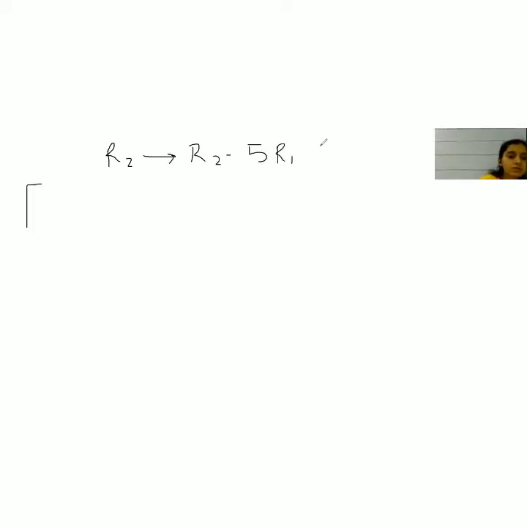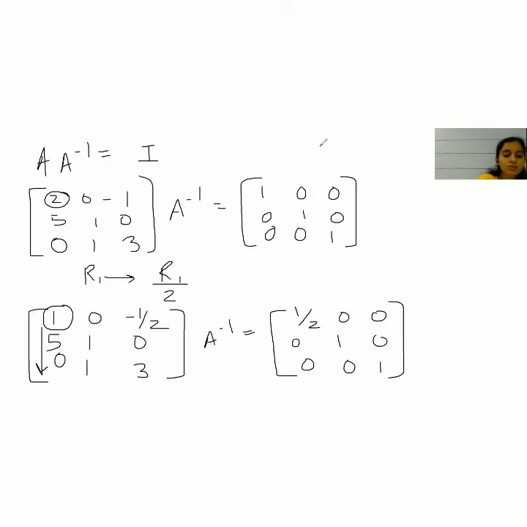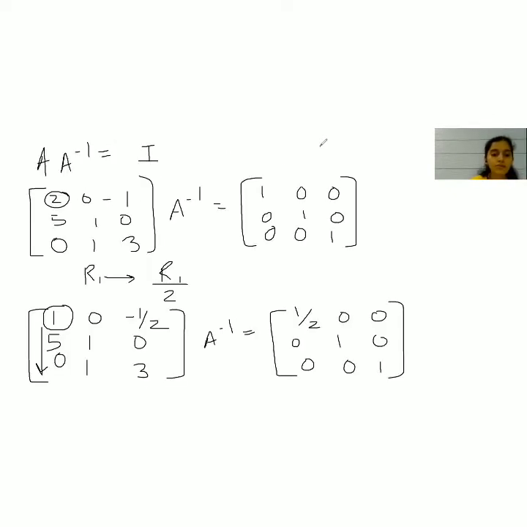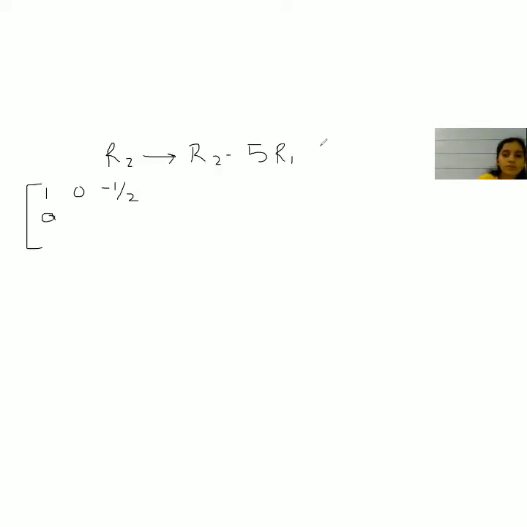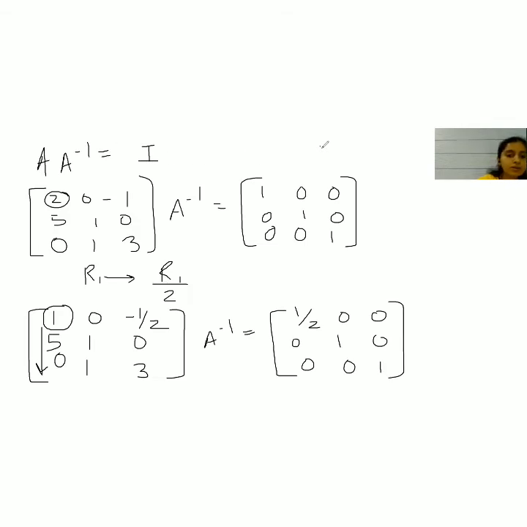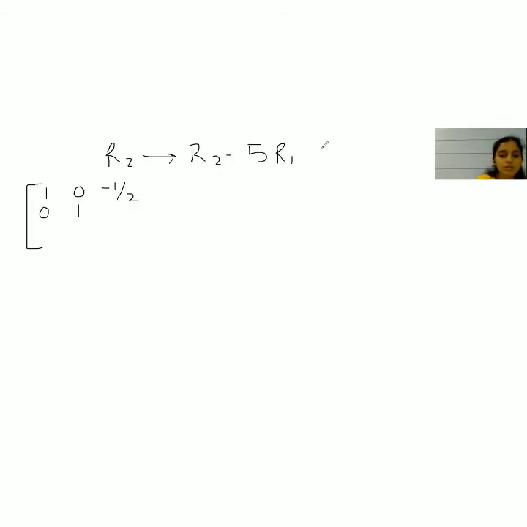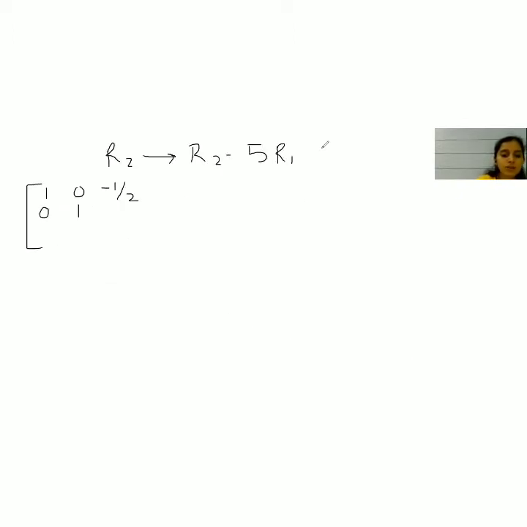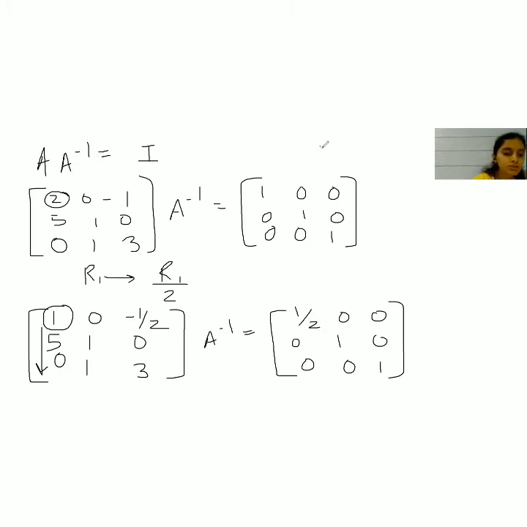So let us do this. The second row is changing, so the first row remains as it is, 1, 0, and minus half. In the second row, 5 minus 5 is 0, 1 minus 0 is 1, and the last one, 0 minus 5 into R1, so 0 minus of minus, that is plus 5 by 2.